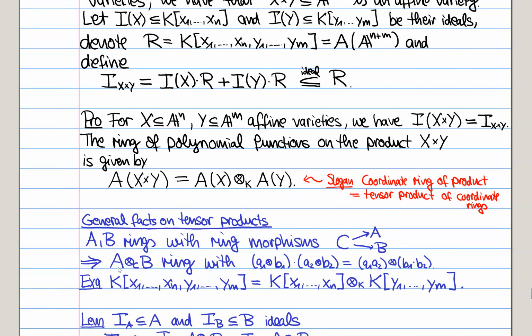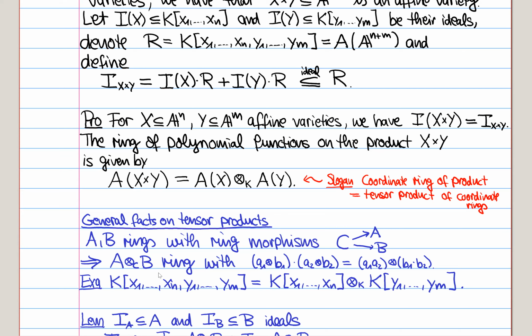And then we can form the tensor product A tensor over C with B. And so a priori, what we do here is we use this ring morphism to see A and B as modules over C. And then we can define the module A tensor over C with B.